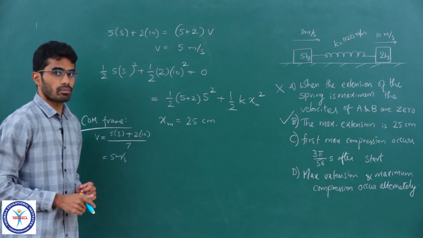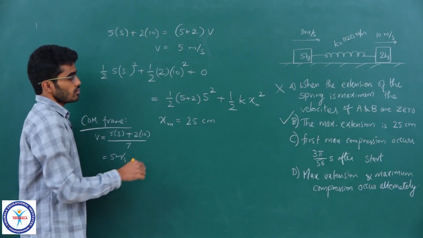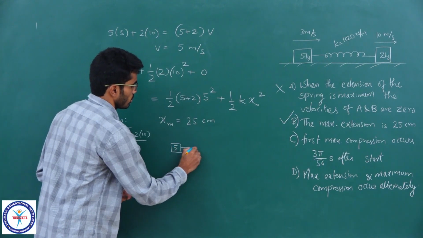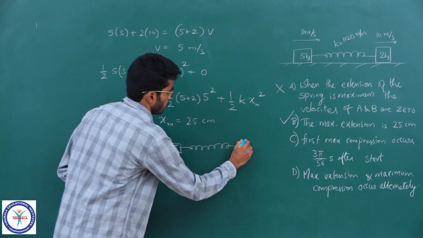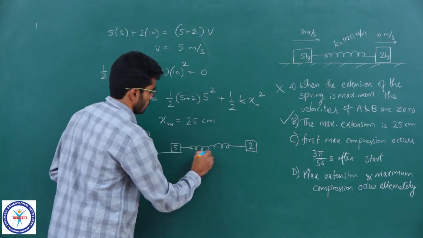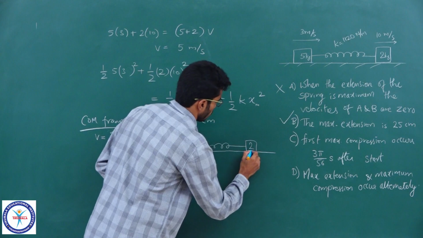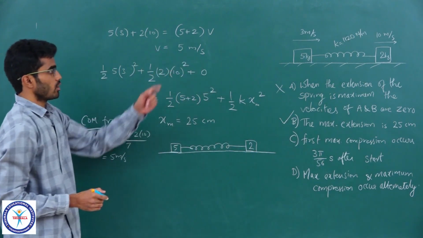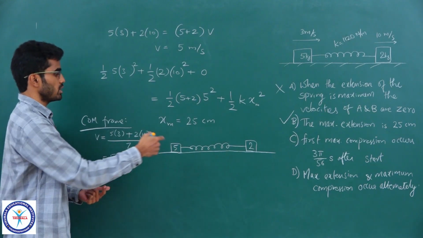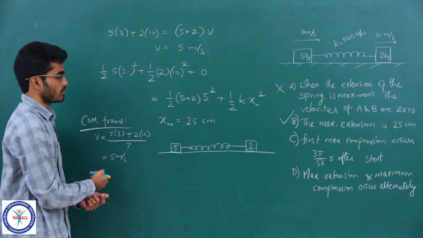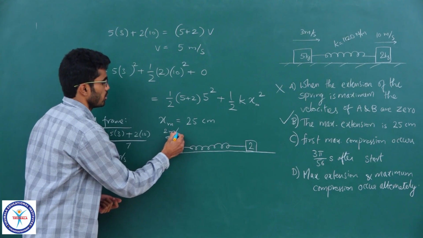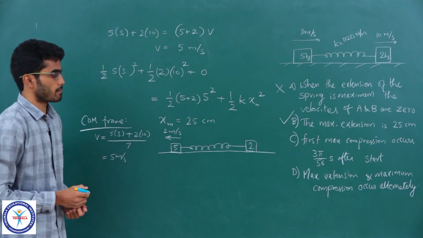Now, in this frame, how are the blocks initially moving? The 5 kg block has a velocity of 3 meter per second towards right. With respect to center of mass, it will be 3 minus 5, so it will be minus 2. That means it is going towards left with 2 meter per second.